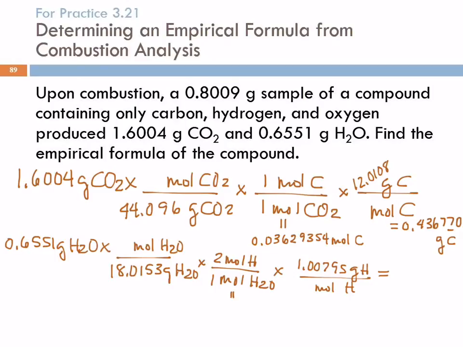So the moles of hydrogen, 0.72727,071 moles of hydrogen. And then when I multiply that by 1.00795, I get grams of hydrogen. And this one should have 4 sig figs. There's 73305 grams of hydrogen.